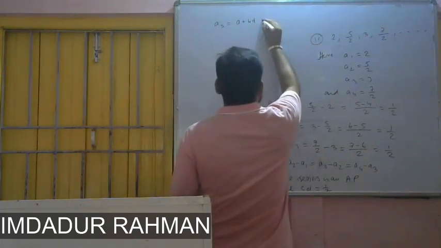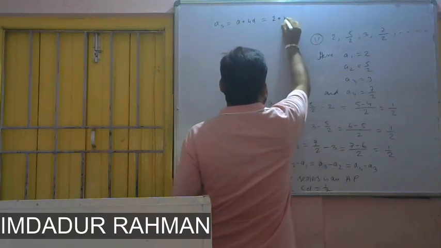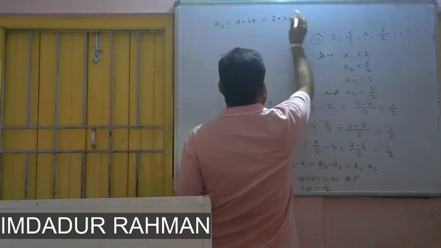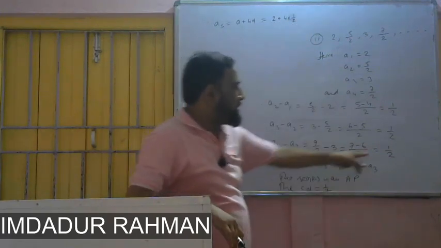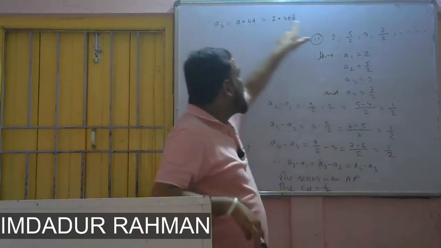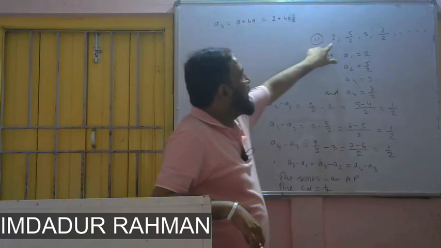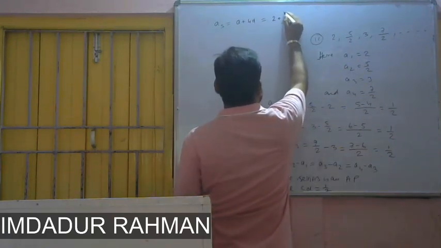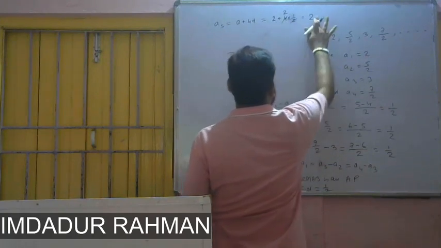So it is equal to A, how much? 2 plus 4 into, D is what? D is half. So A plus 4D, A is 2 and D is half, so it is equal to 2 plus 2 is equal to 4.